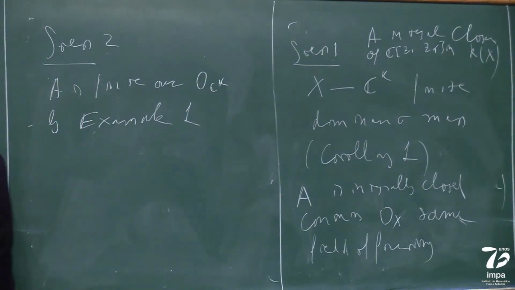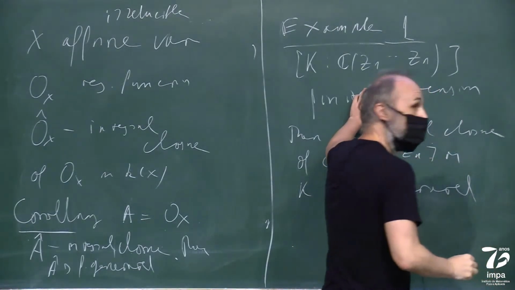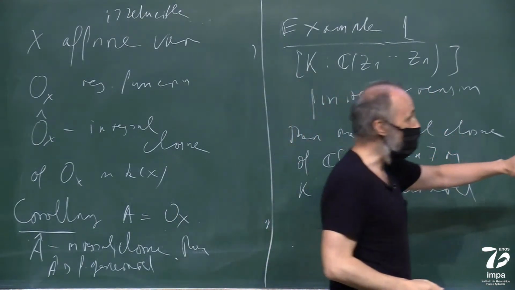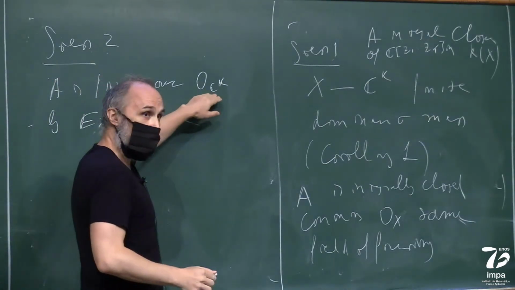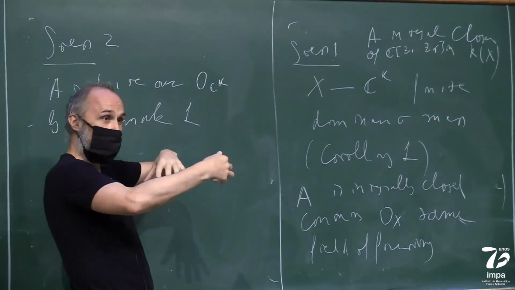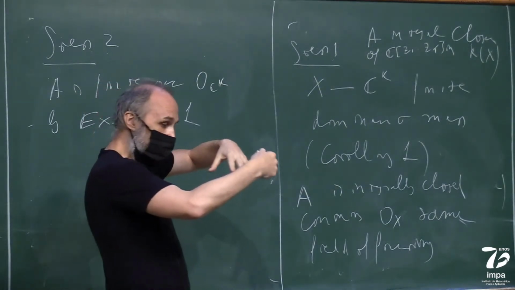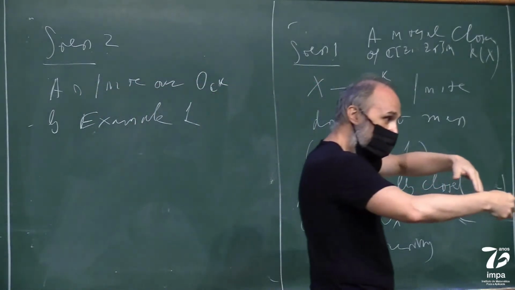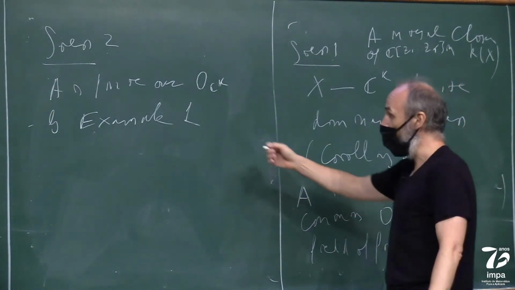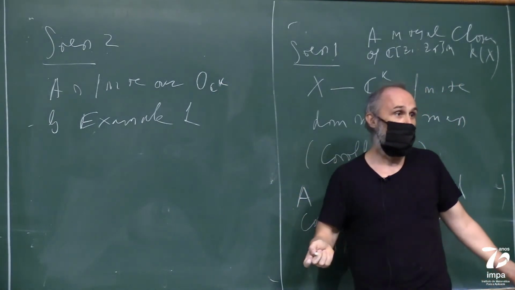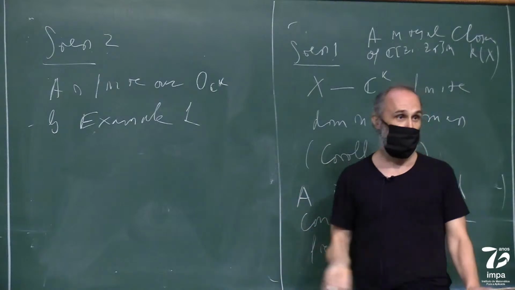Let's call it example 1, for instance. This example tells you that if you have a ring of polynomials, you take a finite extension of the field of rational functions, you take the integral closure, it will be finitely generated as an O of C^k module.